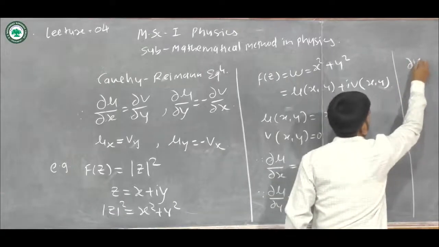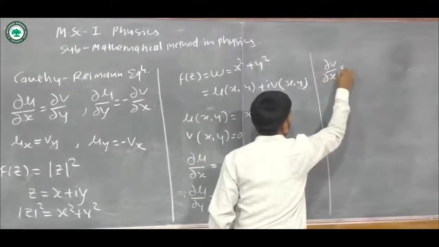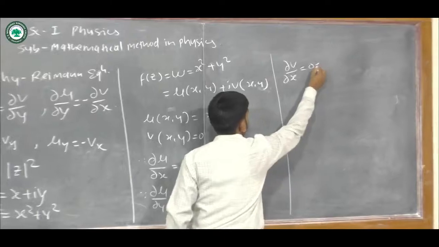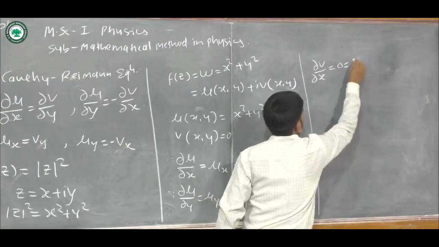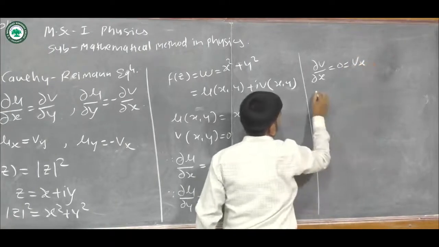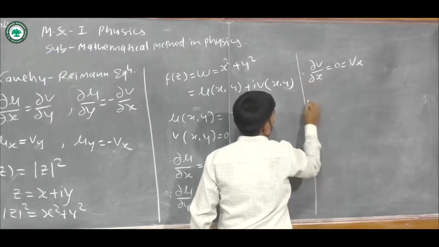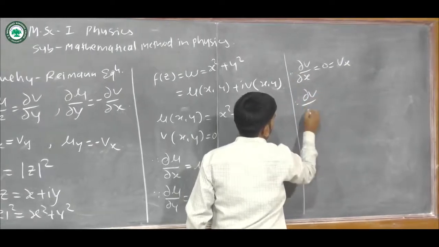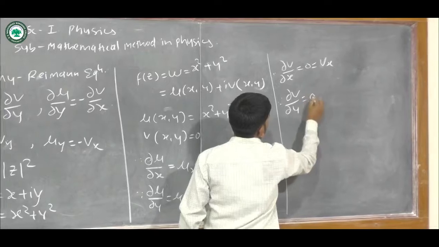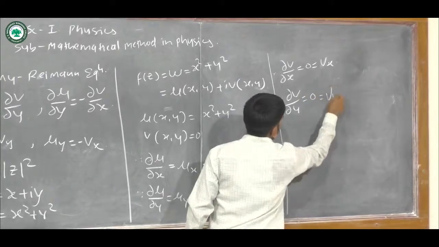So dou v by dou x is equal to 0, and dou v by dou y is also equal to 0.